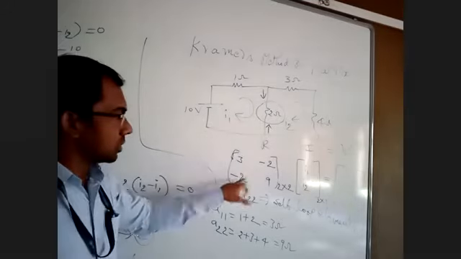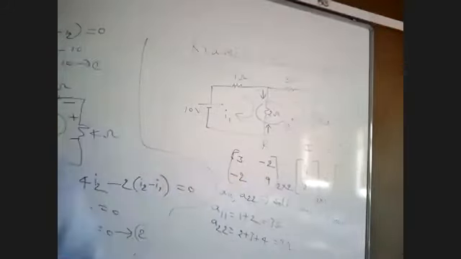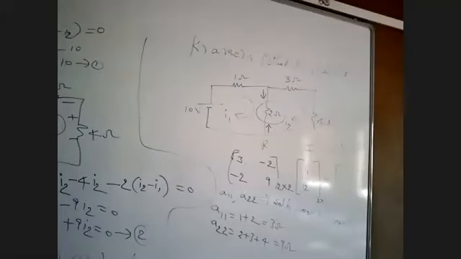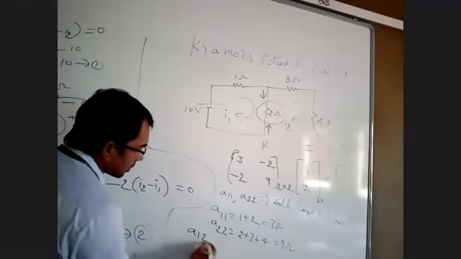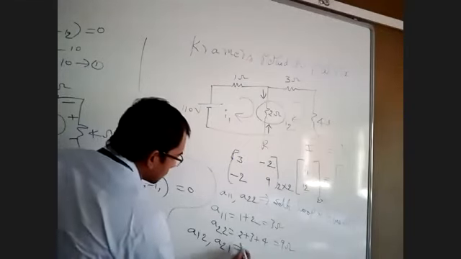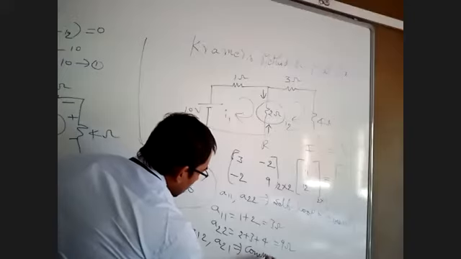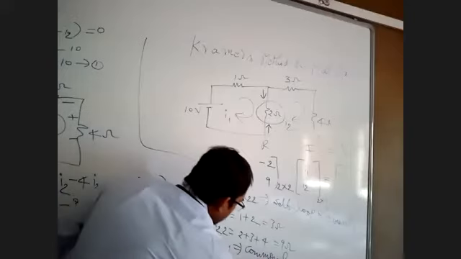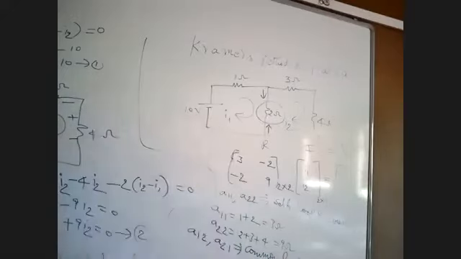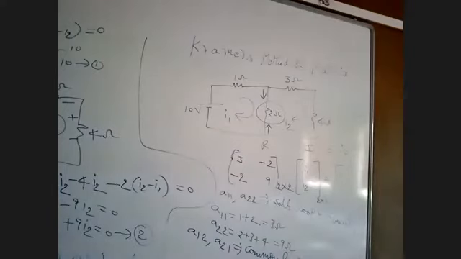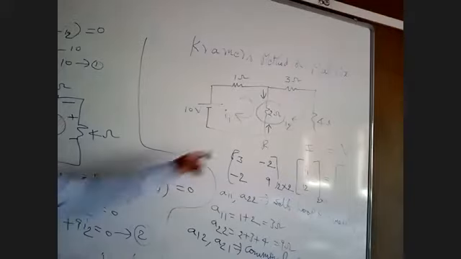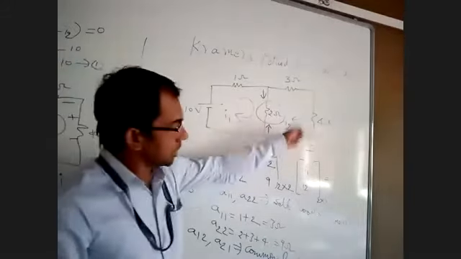A12 and A21 are the common loop elements. Write down that. Now we have completed the resistance matrix and current matrix.